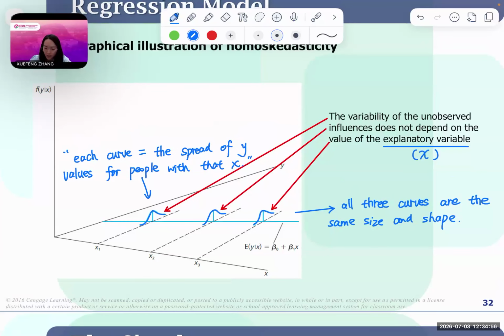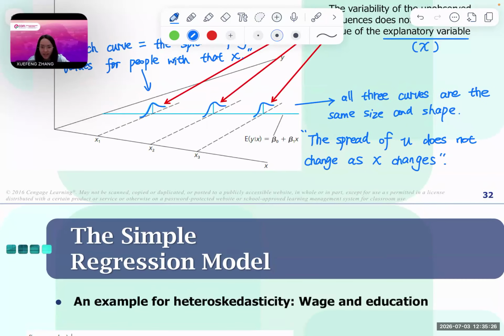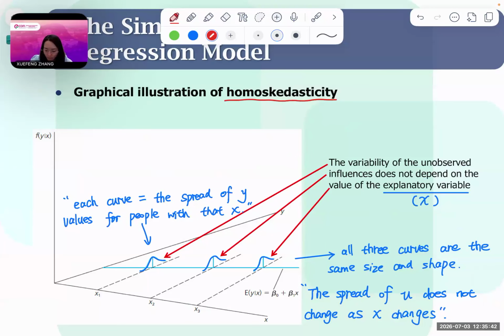Okay, this is homoscedasticity, which means equal spread everywhere.